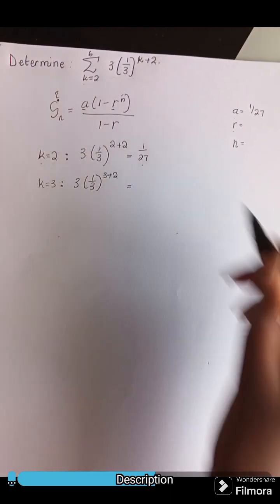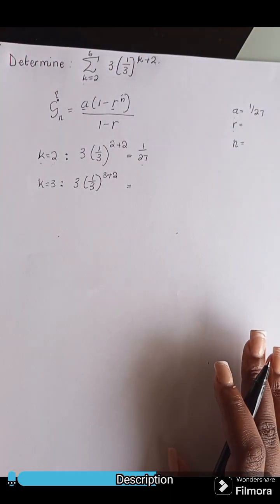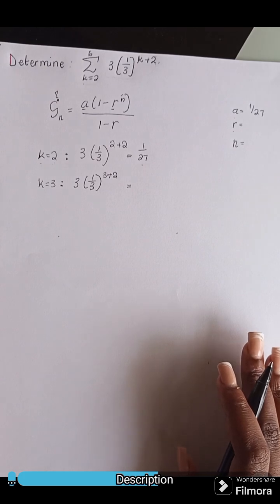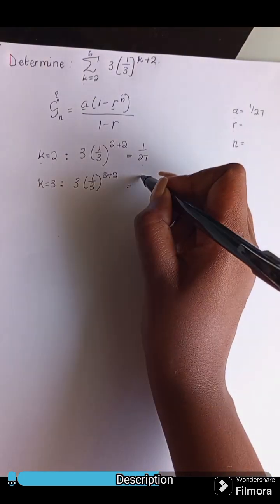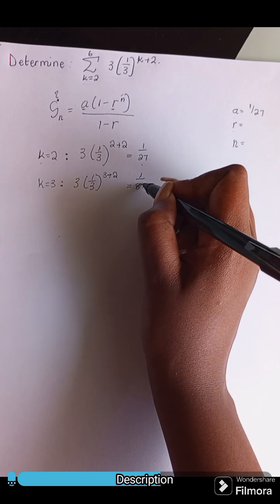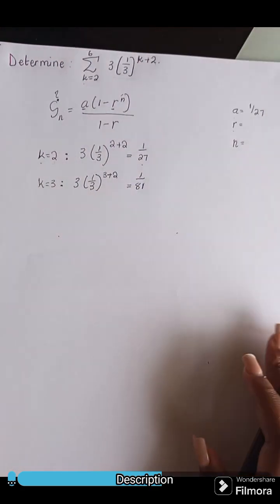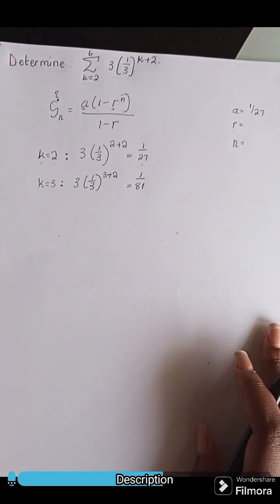You punch that onto your calculator and it gives you 1 over 81. That's our T2.